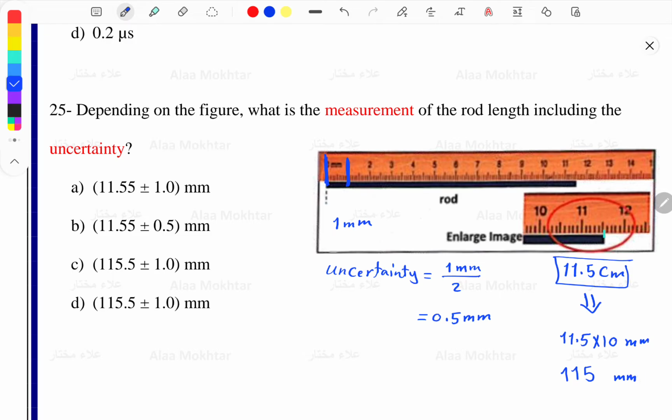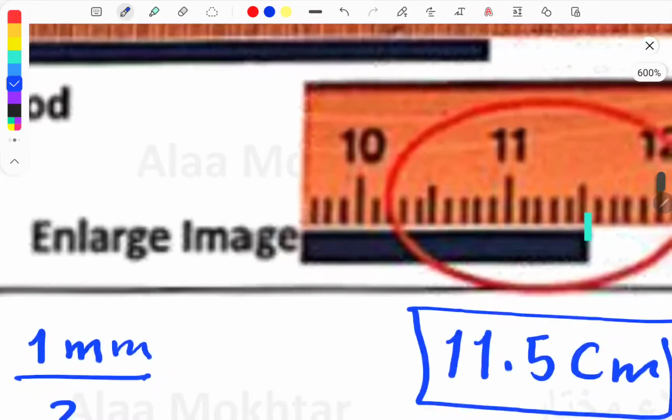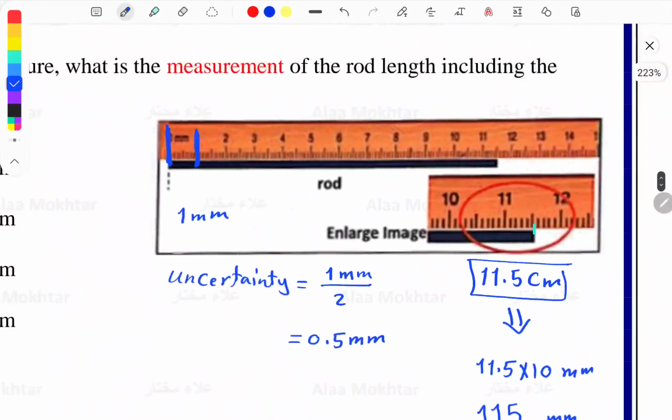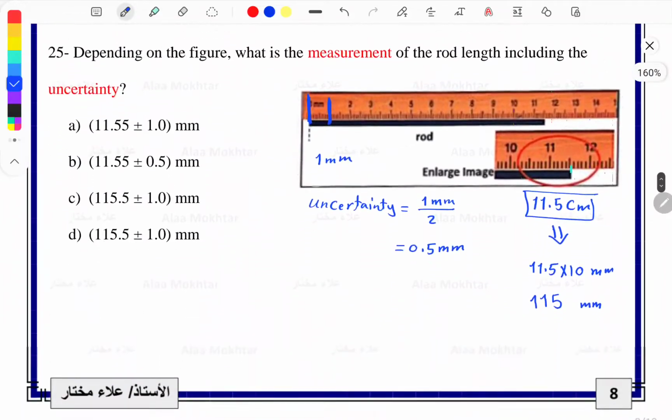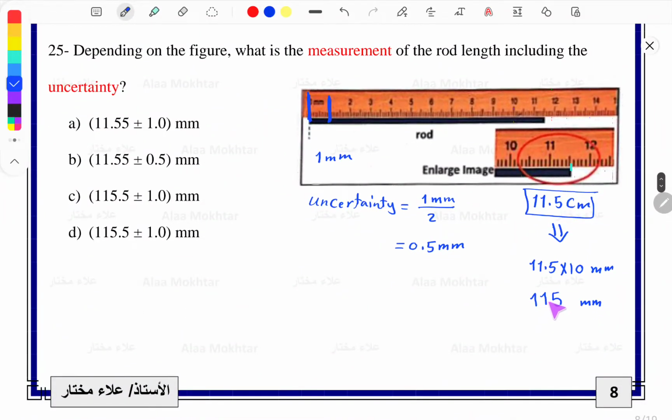But as I told you, this is not exactly 11.5. It's greater than 11.5. It means maybe we can write it like that: 115.5 millimeter. It's exactly more than this number or smaller than this number by this amount. It's called the uncertainty number.